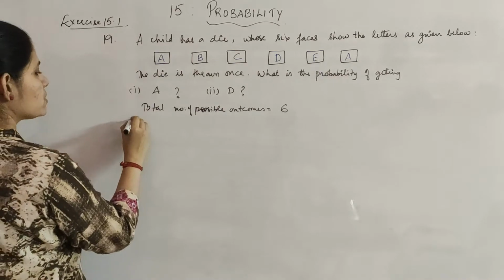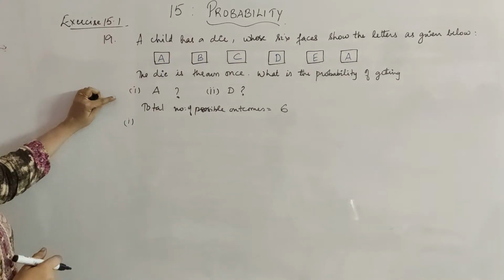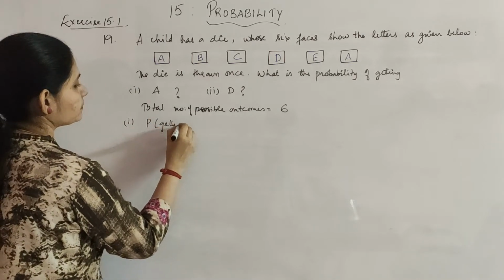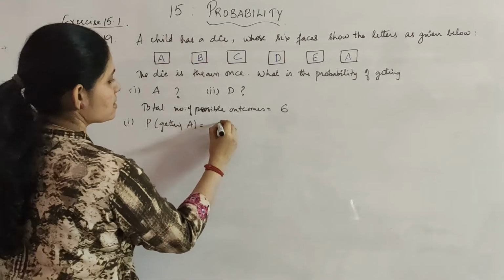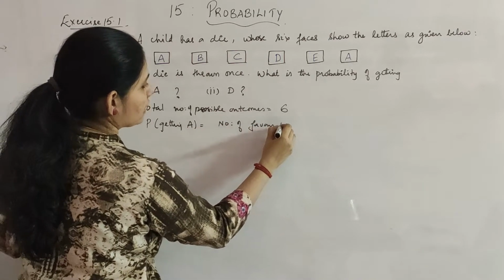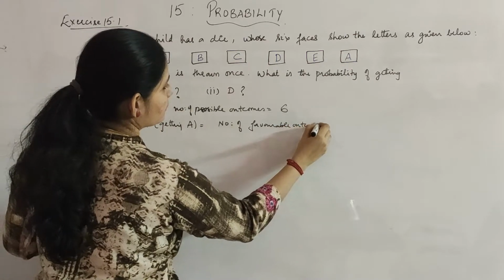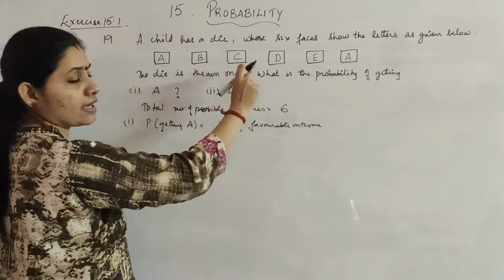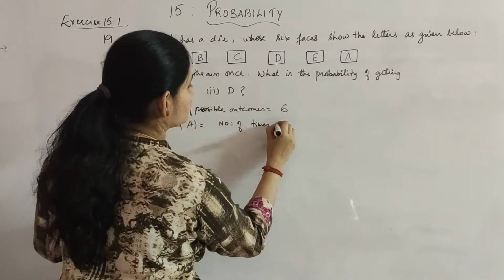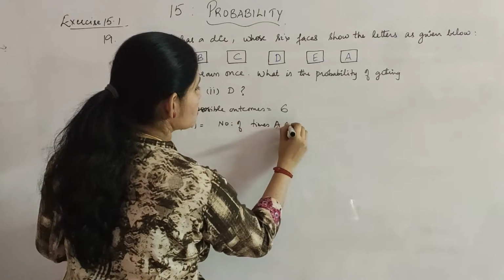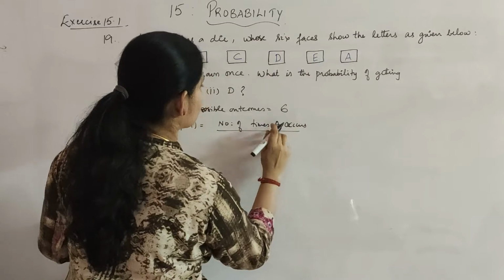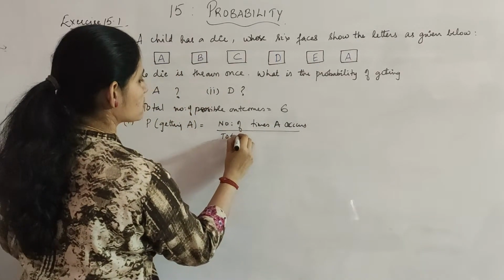Now the first subdivision is you have to find out the probability of getting an A. So P of getting A will be same as number of favorable outcomes of getting A, or you can say number of times A occurs divided by the total number of outcomes.